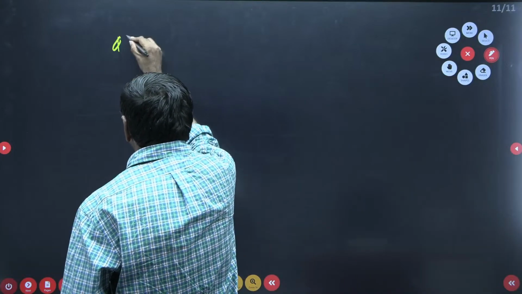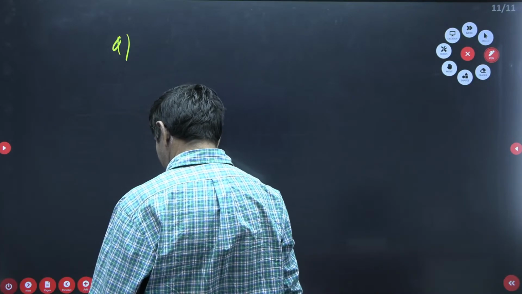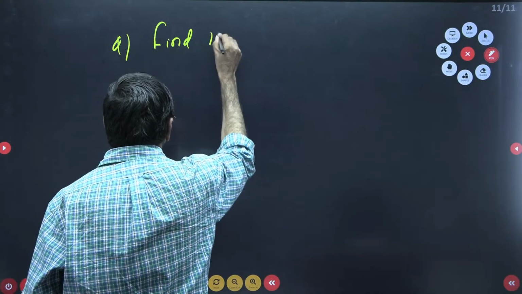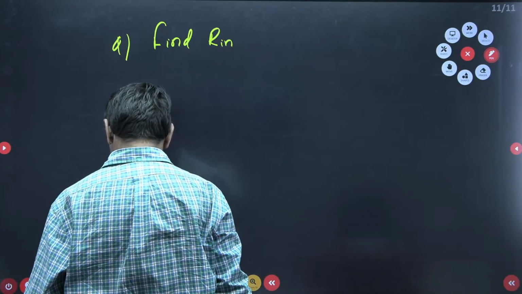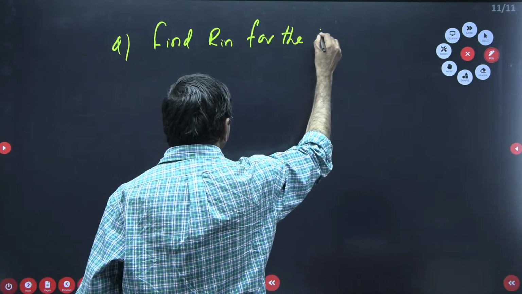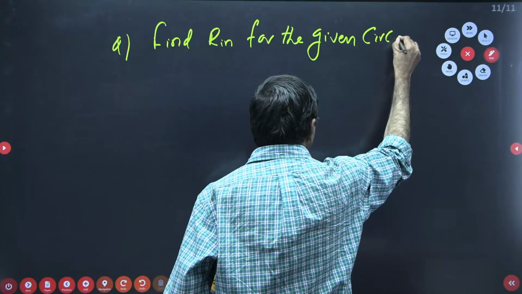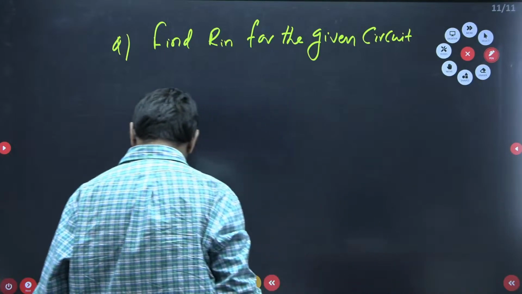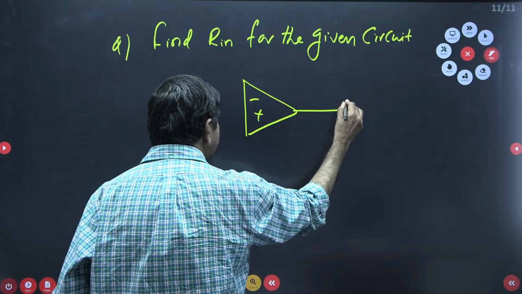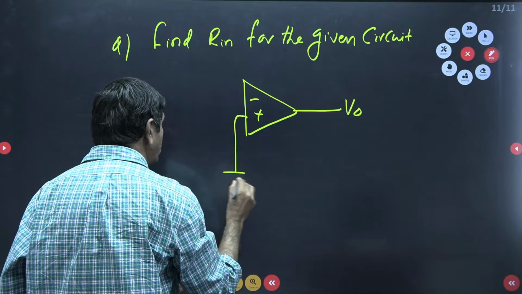The question is given like this. Find Rin for the given circuit. There is an op amp, minus and plus. This is V0 here. This positive terminal is connected to the ground.